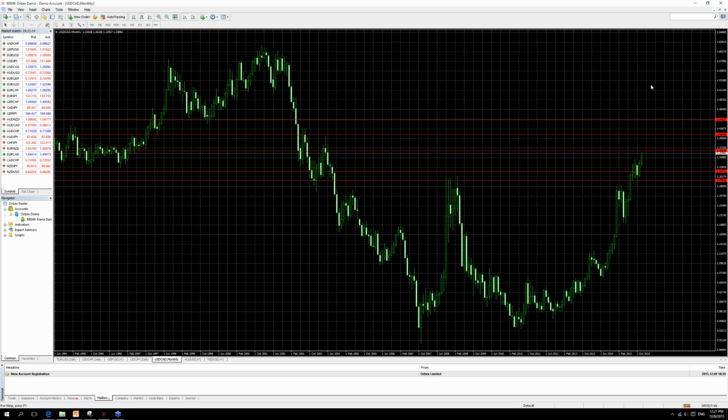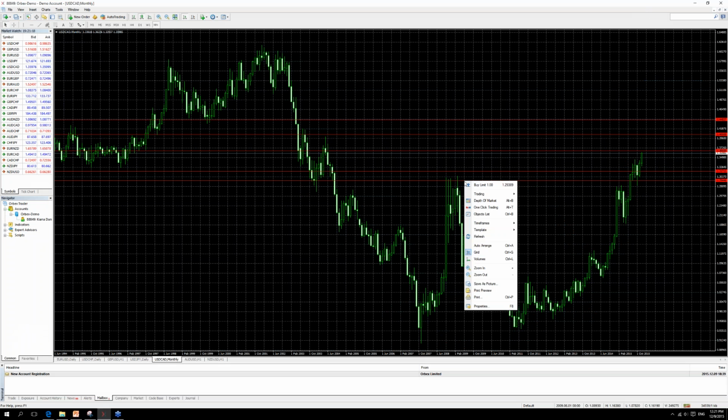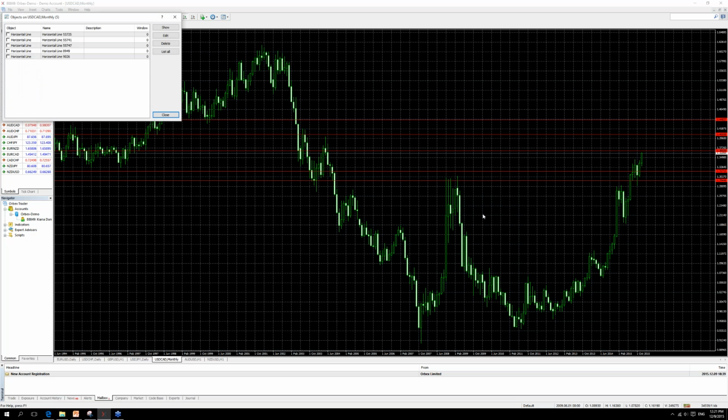Let me spotlight the neckline over here right now. So if we take a look at the object list, the neckline was at around 127. So that would be, I believe this is it.